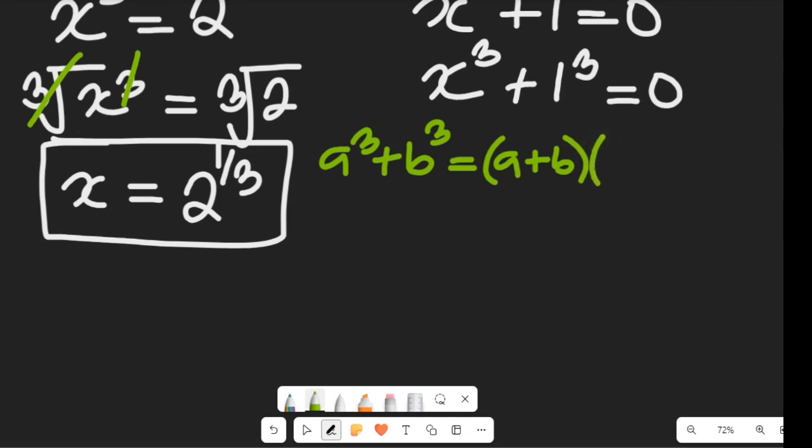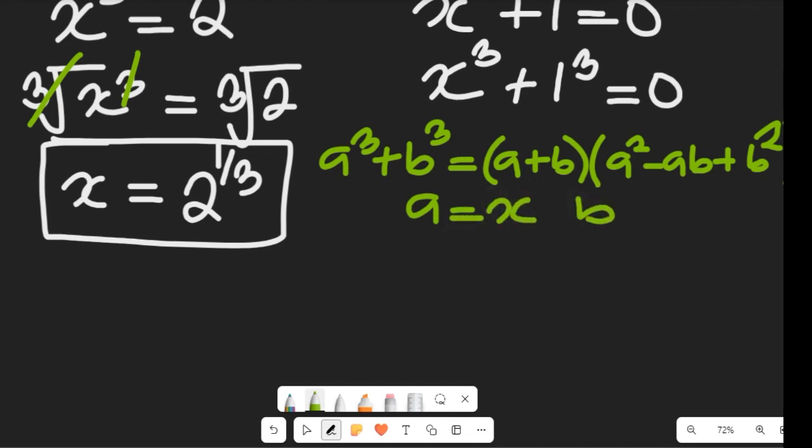And this will be multiplied by a squared minus ab plus b squared. So what do we have? Having this expression, you come to see that a is equal to x, and then we'll have b to be equal to 1.